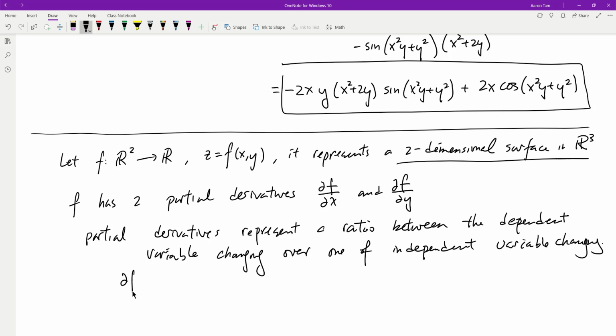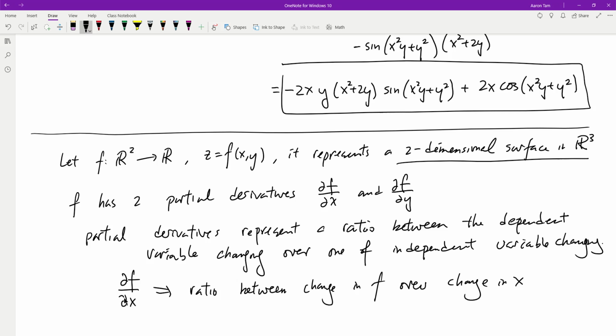Therefore, in this case, df over dx is basically a ratio between the change in f over the change in x.